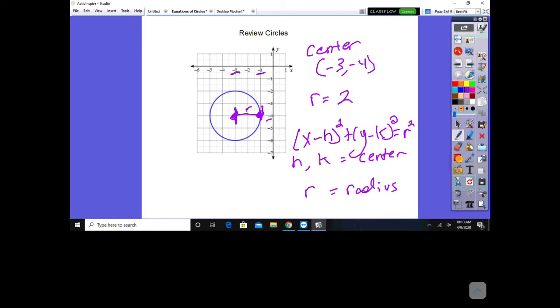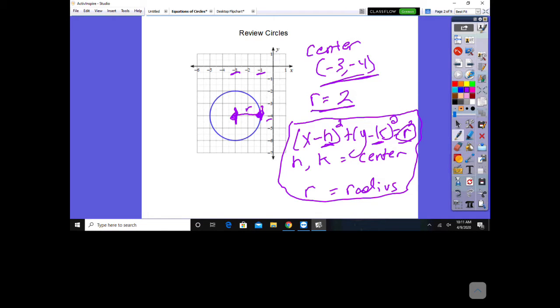So this is important. Maybe have that written down somewhere. Remember that. When we're writing the equation of a circle, the center goes in these two numbers right here, and the radius goes in this number right there.